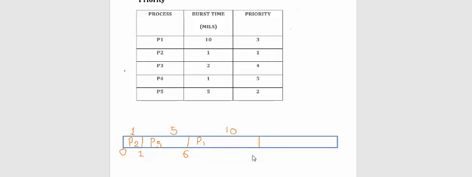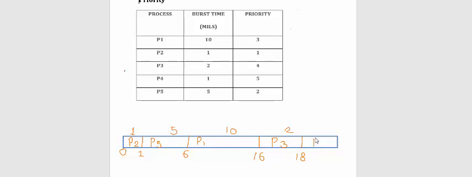Now 6 and 10 gives you 16. Next chance is of process P3 because it has priority 4 and it is going to execute for 2 milliseconds. Now 16 plus 2 is 18.